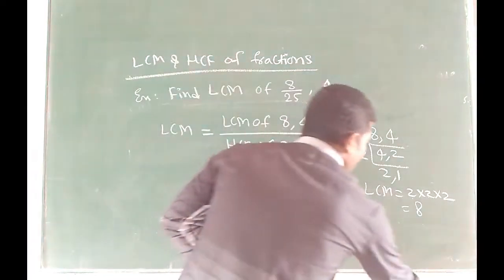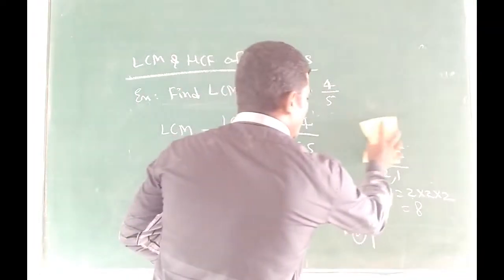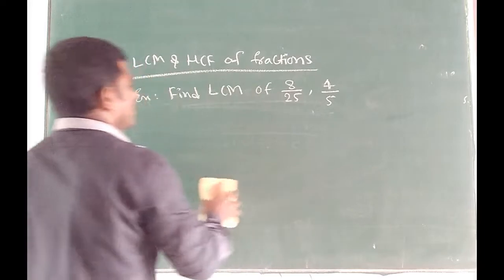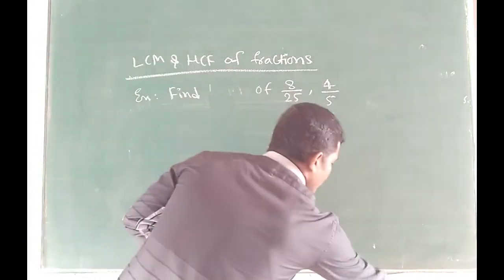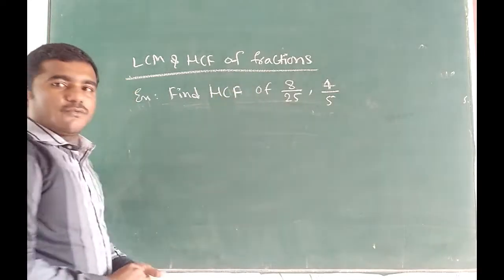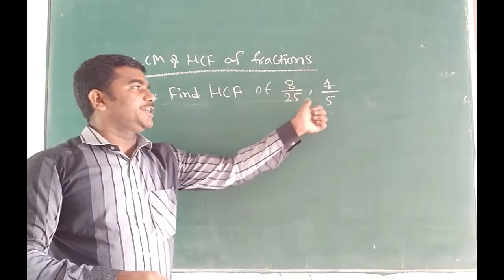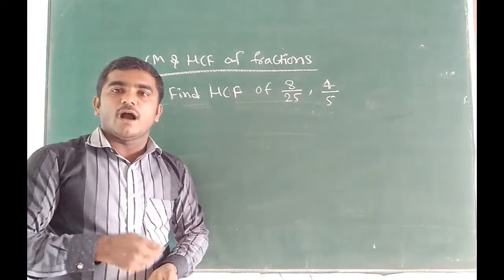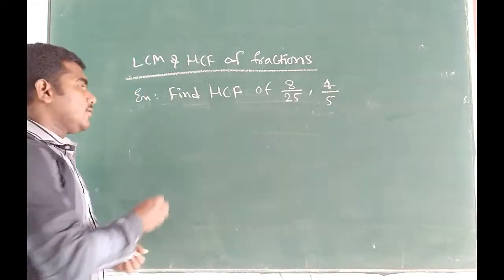Now for the same example, I am finding the HCF. The question is to find the HCF of 8 by 25 comma 4 by 5. How can you find the HCF? What is the rule?